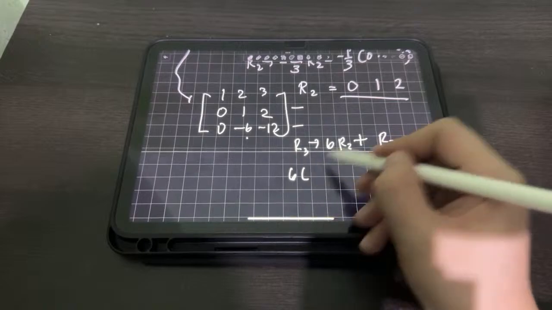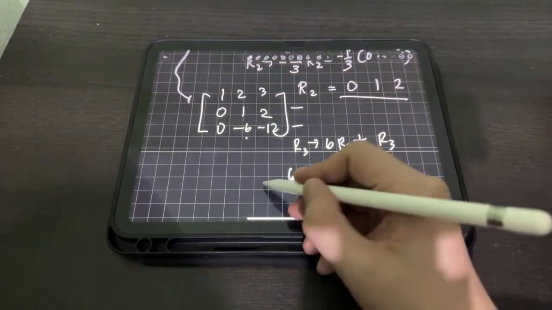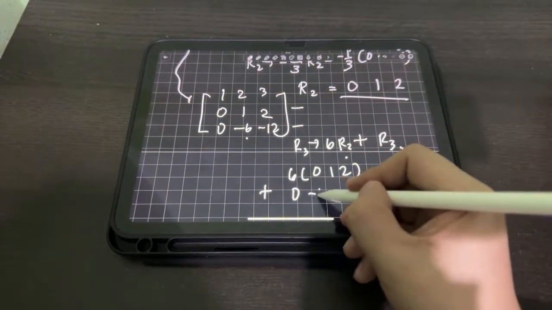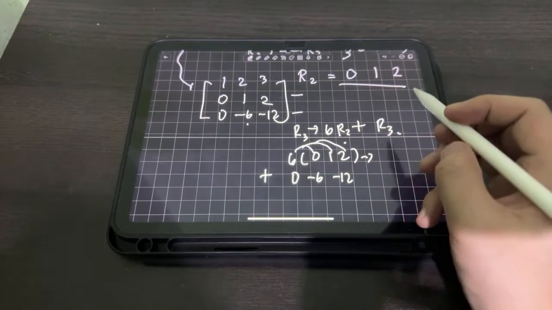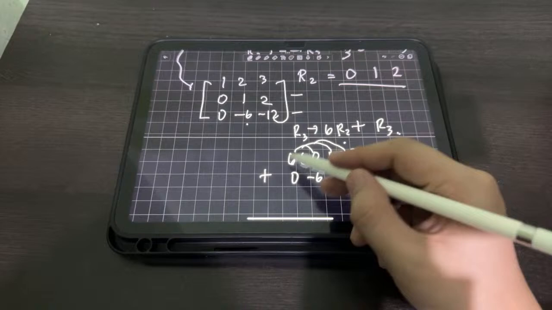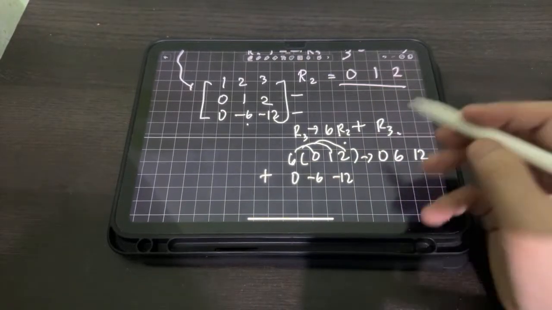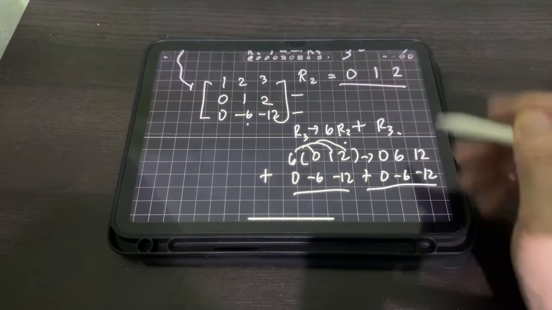So 6 times the entries in row 2, 0, 1, 2, plus the entries in row 3, 0, negative 6, negative 12. But let's distribute first this 6. 6 times 0, 0. 6 times 1, it's 6. 6 times 2, it's 12. We add with 0, negative 6, negative 12.